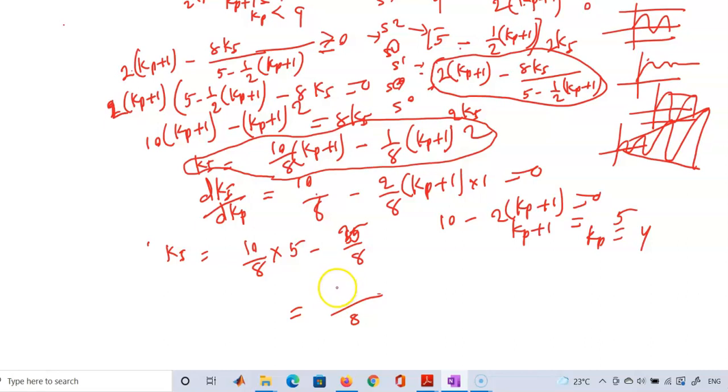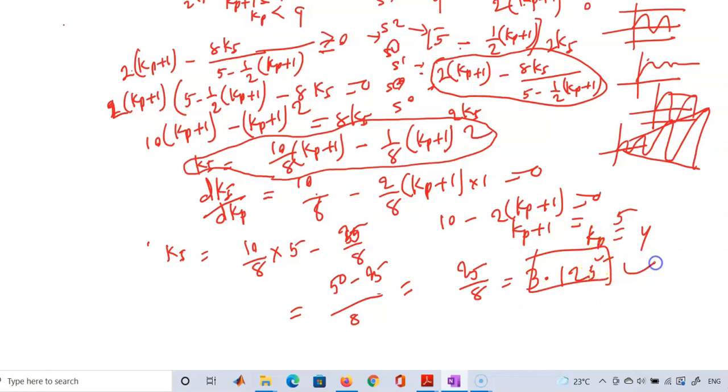So 50 upon 8 minus 25 upon 8, that is 25 upon 8, which is 3.125. Then okay, you can use the calculator. So this is your result.